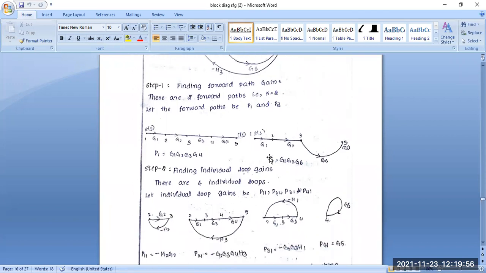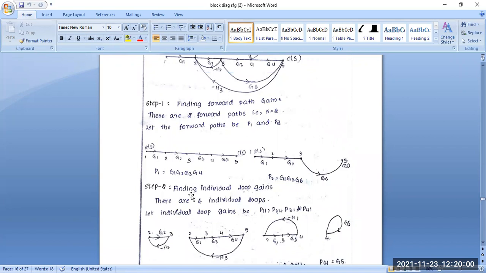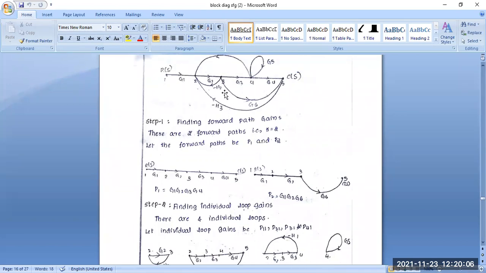So then step 2. What is step 2? We have to find the individual loop gains. In this problem there are lots of loops. First, here you can see the loop of node 2 and node 3. Then another loop, this big loop. Then another one, and these are the small loops.